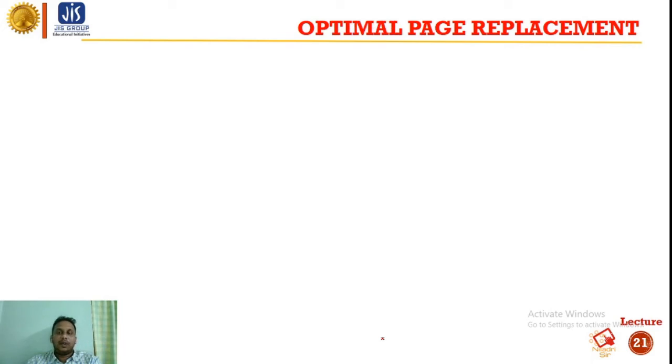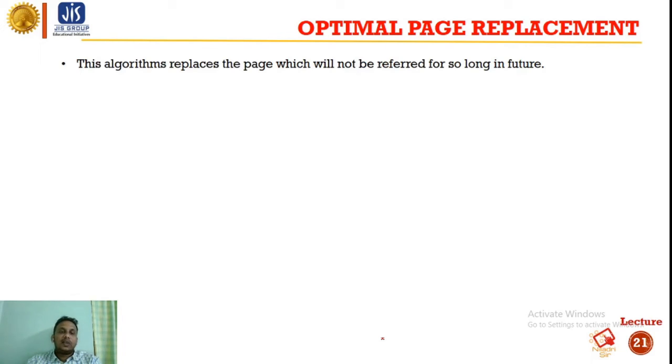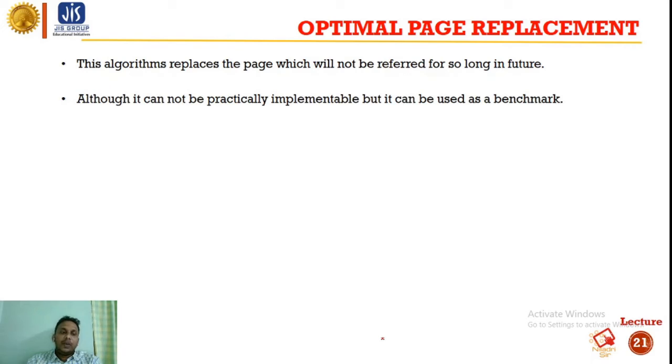This is also important. This algorithm replaces the page which will not be referred to for the longest time in the future. Although it cannot be practically implemented, it can be used as a benchmark. Other algorithms are compared to this in terms of optimality.